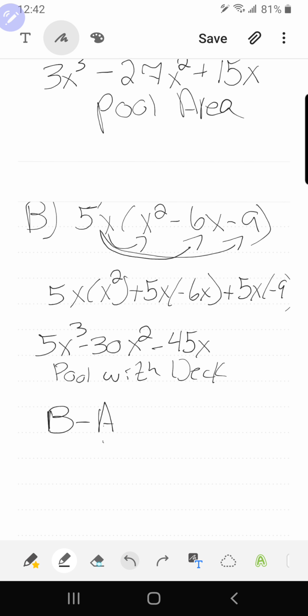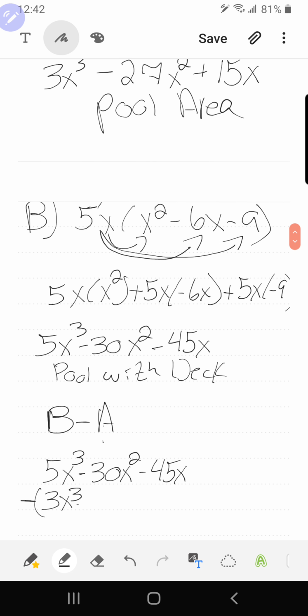B says 5x cubed minus 30x squared minus 45x minus my 3x cubed minus 27x squared plus 15x.